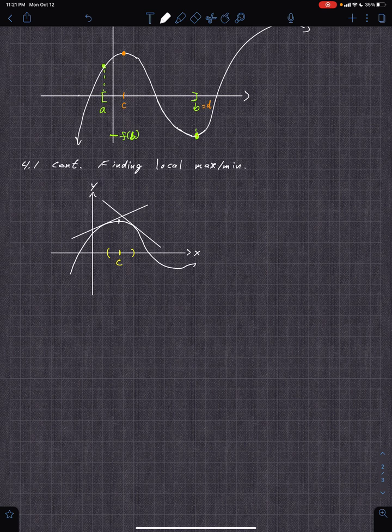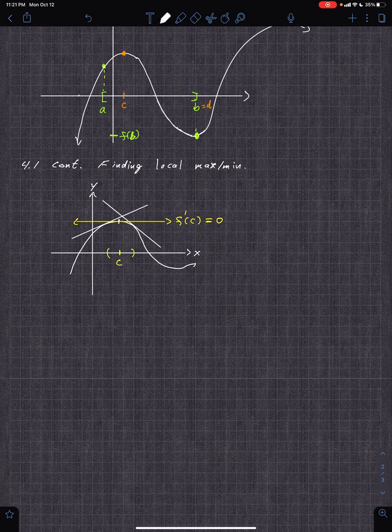And then what's happening at the very top? Right at that value, what's the slope of the tangent line? We can see that f prime of c is equal to 0. The slope is 0. So that's an important value, important concept.